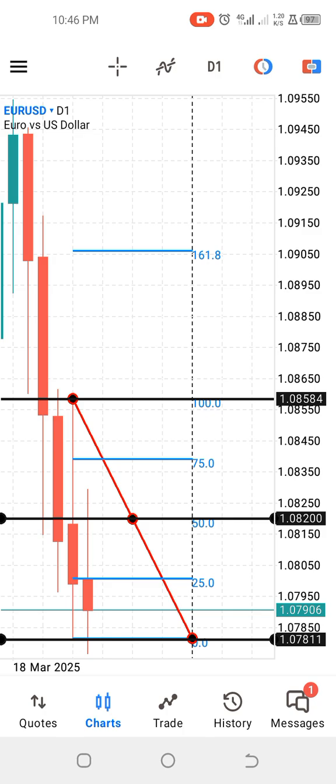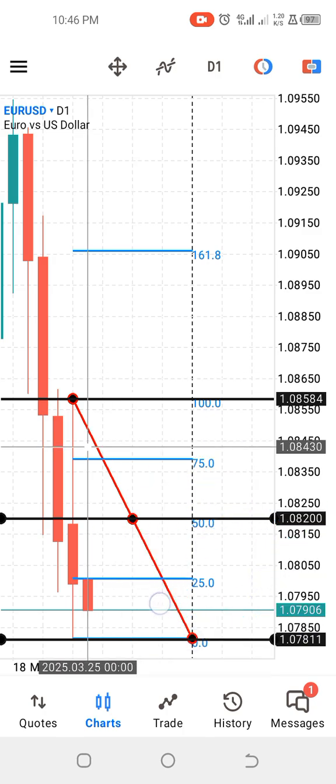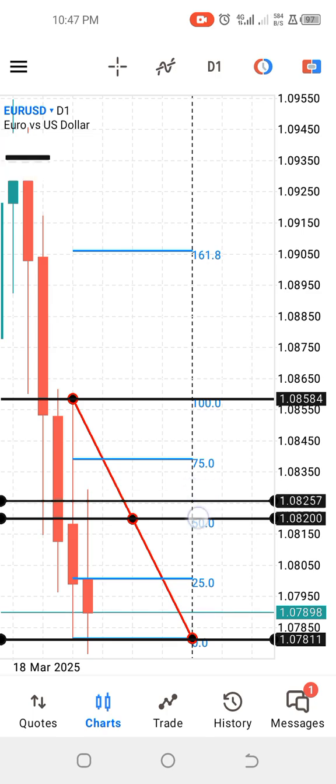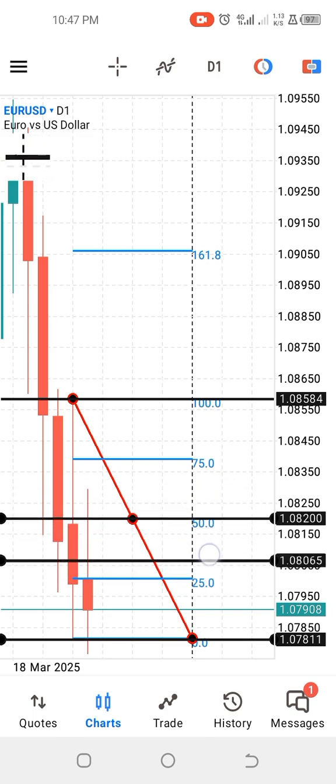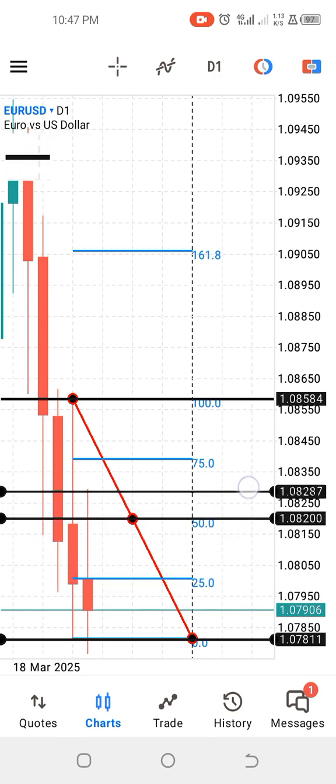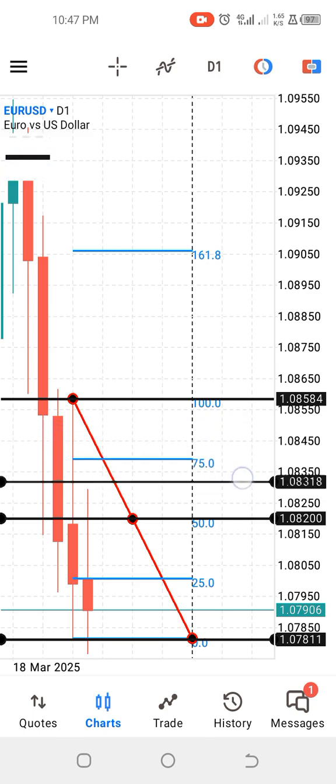Now this candle tapped up and came above the 50%. This was today's candle high. When I go to the lower time frame, we're going to see it more clearly. What am I saying? We are told to sell anything above 50%.